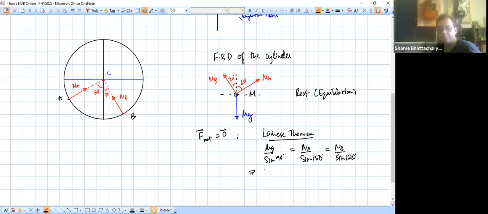Okay, so as you can see, mg becomes Na divided by half, or Nb divided by root 3 by 2.